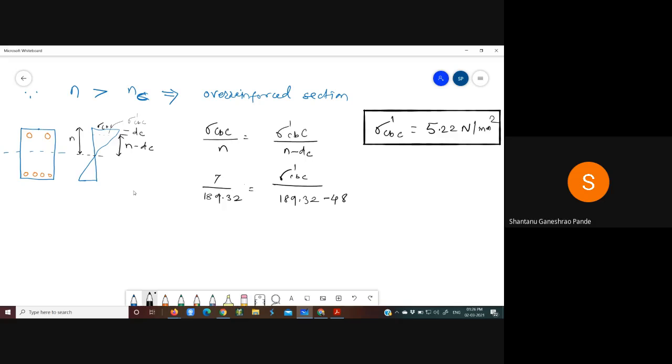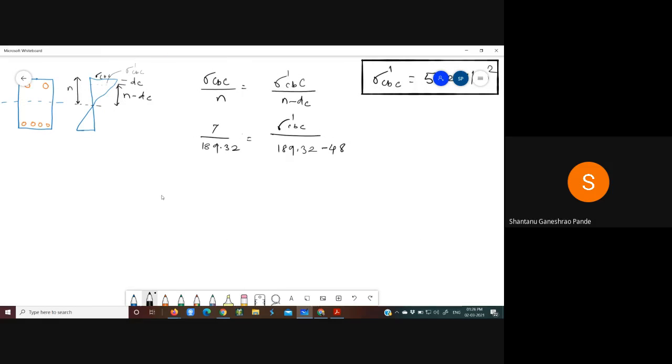Now we will go for calculation of the moment of resistance offered by this doubly reinforced section.